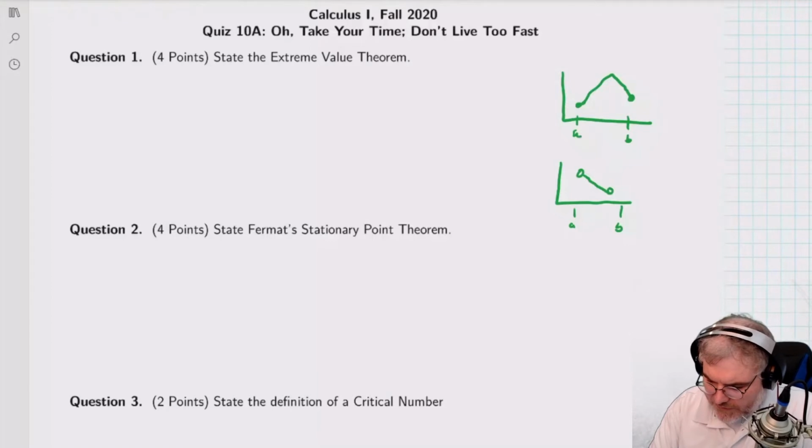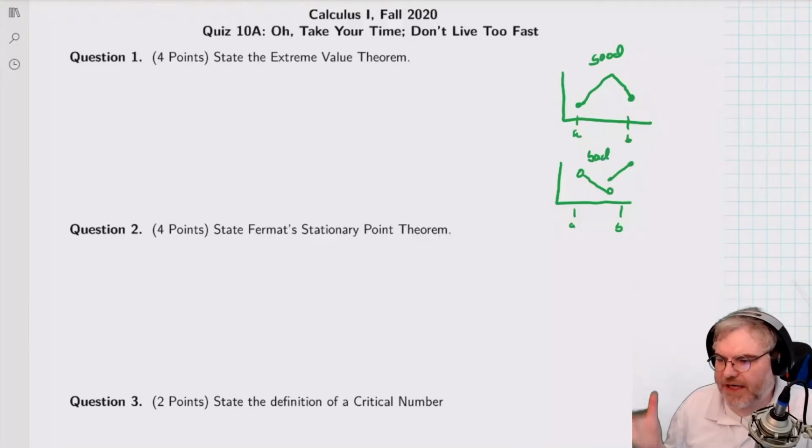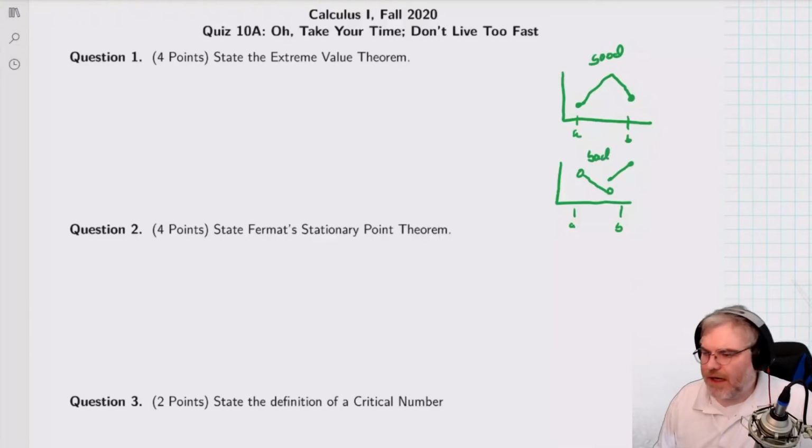Something discontinuous there with something like this and something like this. So I have kind of a good drawing and a bad drawing. Okay, this is how I kind of remember them.